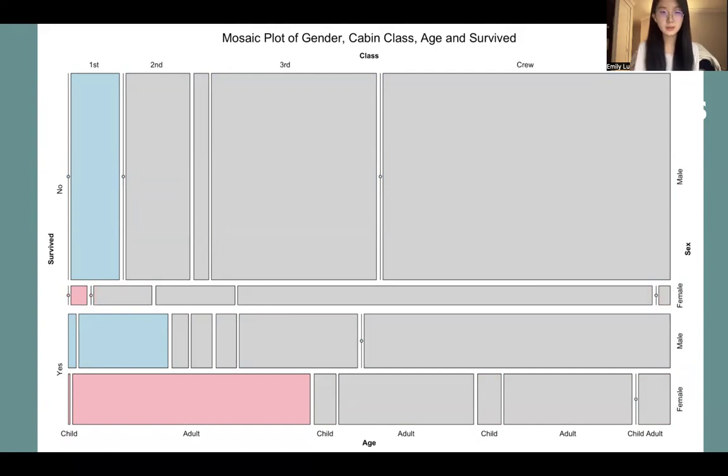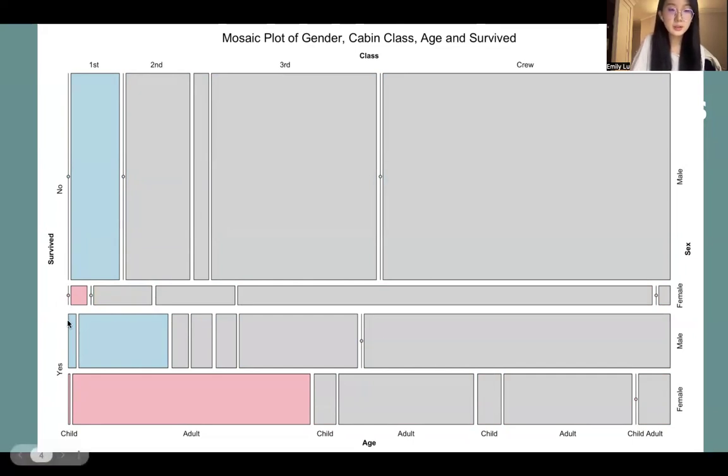So here is what it is going to look like if we are focusing on only the first cabin class level. If we only focus on the highlighted part here, it is quite clear that children in the first cabin class have a higher survival rate, because the number of children who survived in the first cabin class is higher than the children who did not survive in the first cabin class.